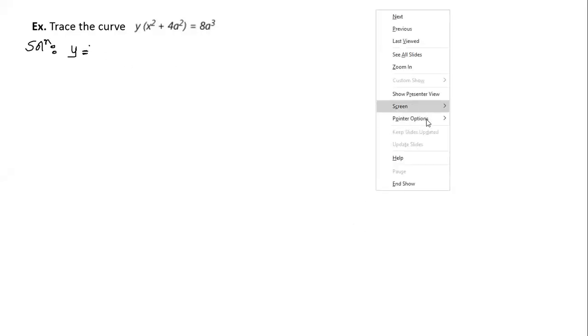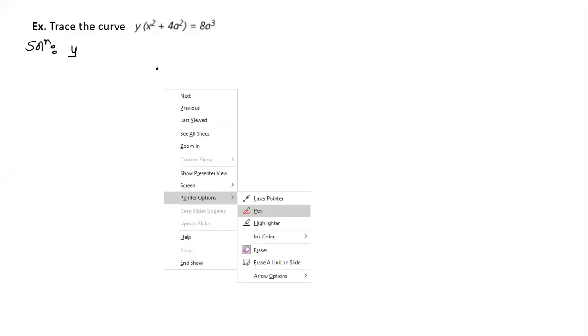So y into (x square plus 4 a square) is equal to 8 a to the power 3.